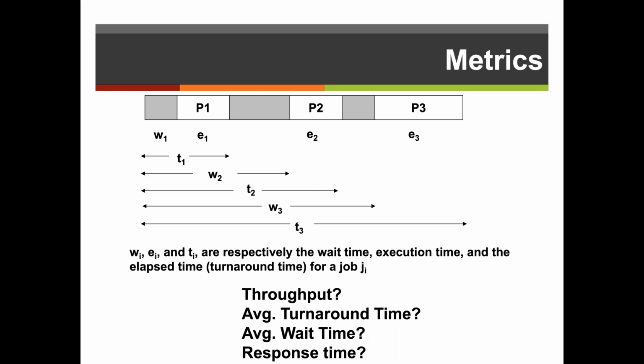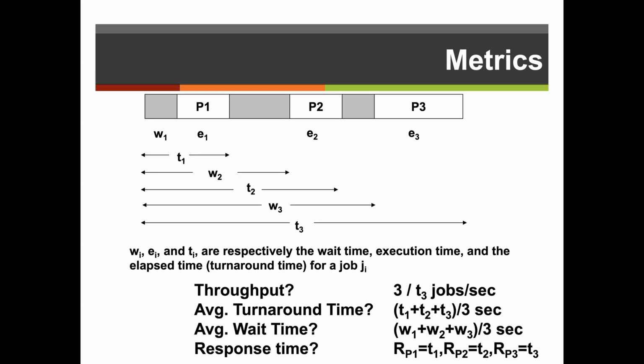When we think about the average turnaround time, we're trying to quantify the time that it takes for a job to complete. When we discuss the wait time, we are looking to quantify the average time that a job experiences waiting to be processed. And response time relates to the turnaround time for a specific job that we have.